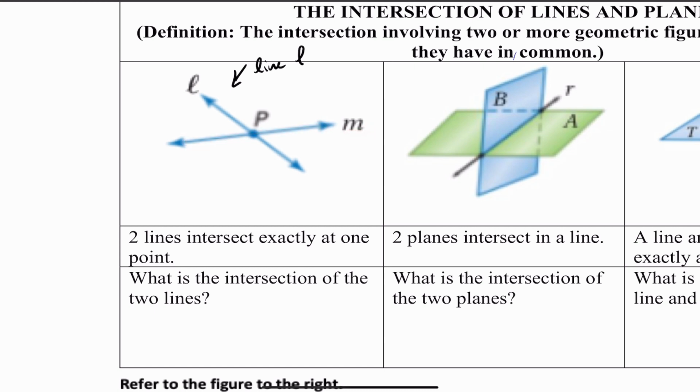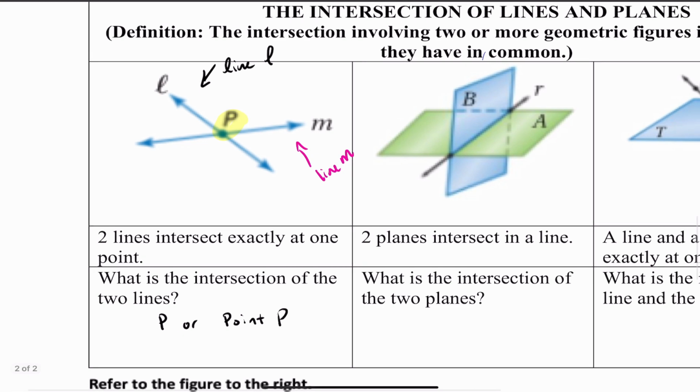That is going to be line M. Where do these lines meet? Well, they meet at this particular point, point P. They meet here at point P. So we can call this P or point P.